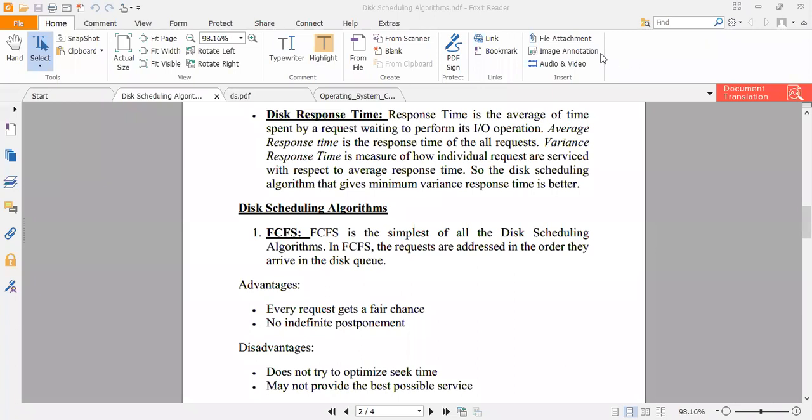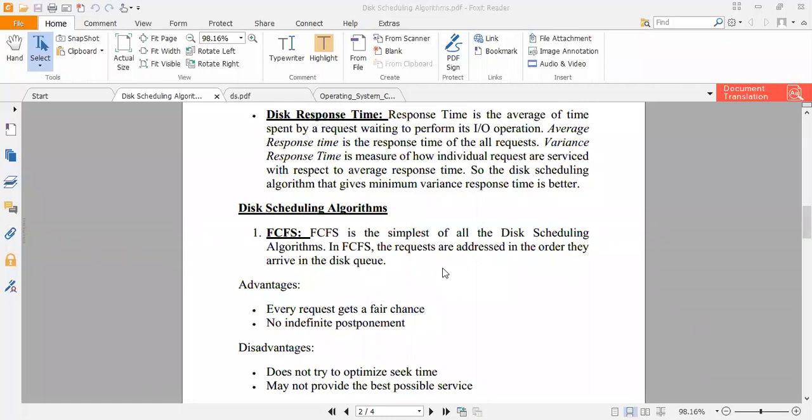Our first algorithm is FCFS disk scheduling algorithm, like first come first serve. And as far as FCFS is concerned, it is the simplest of all the disk scheduling algorithms.